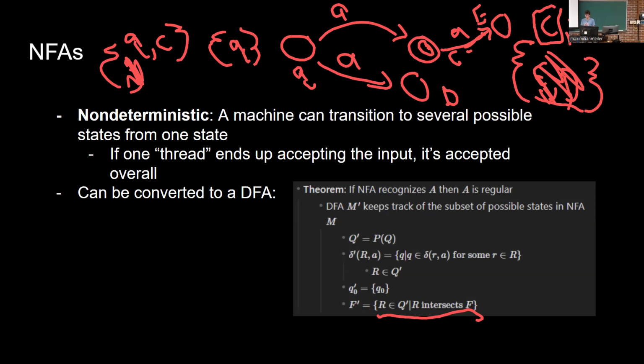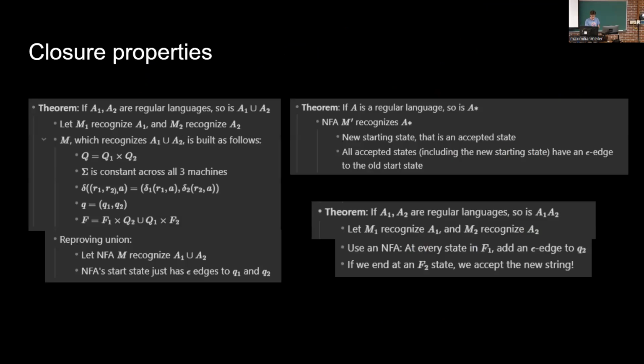Because the whole idea is we only need one thread to end up accepting the input to accept it overall. And so this gives us a toolbox to prove that these expressions are closed under regularity.